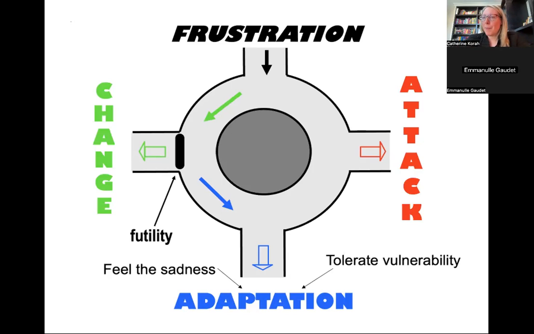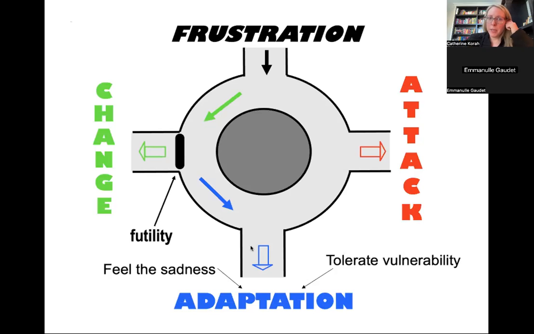We call this adaptation, when there is an acceptance of the fact that we have no power in effecting change. We're accepting that there's a limit and that there is nothing we can do. Now, if you have a child who doesn't allow themselves to be vulnerable because it is too much to bear, and who tends to be more defended, adaptation will be very difficult.